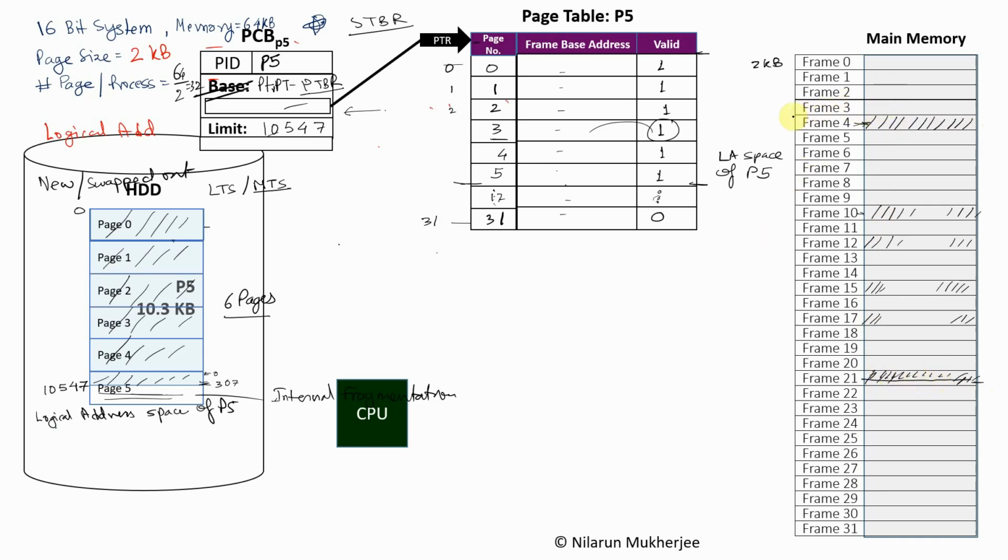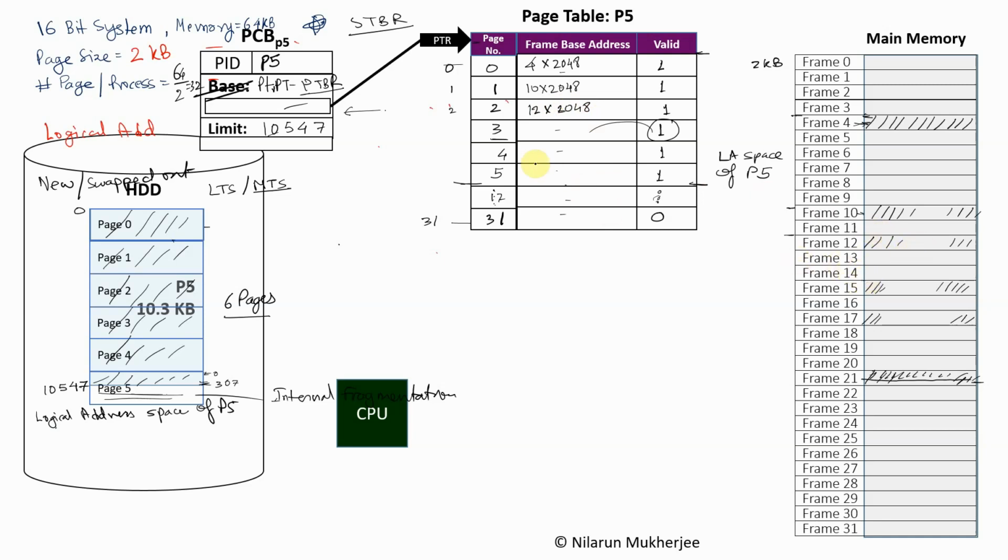So when it is loaded at page 4 here, we can see the base address will be 4 into 2048. It will start from here. Here it will be 10 into 2048. Here it will be 12 into 2048.